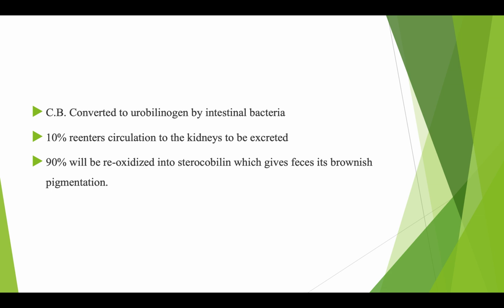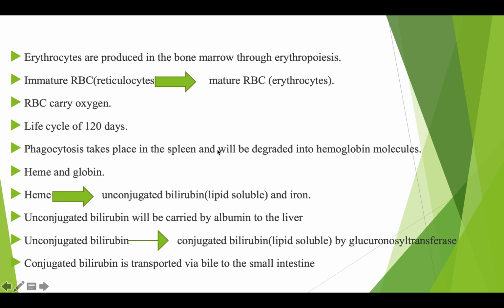So the pathologies that we can make from here, I told you, in neonates, pediatrics, is hyperbilirubinemia in neonates. Sometimes physiologic jaundice occurs after 3 to 5 days. It's normal because the liver is not mature enough.